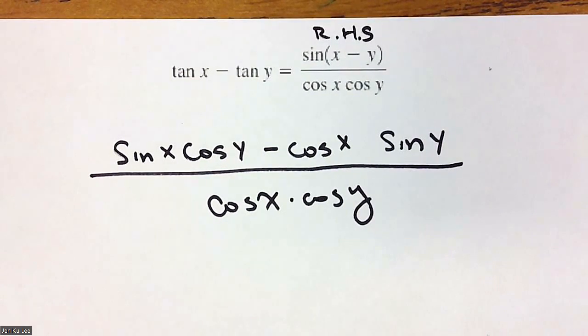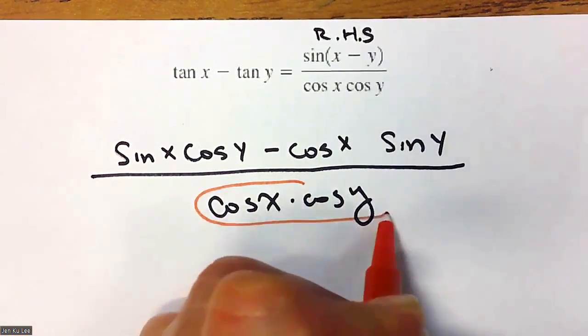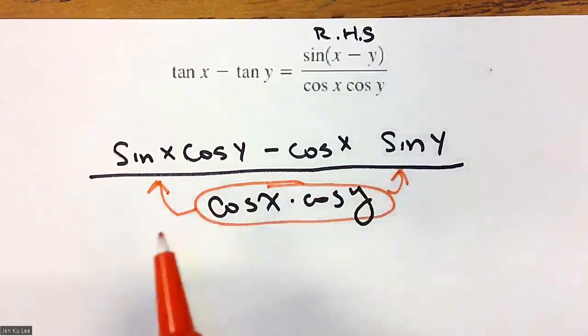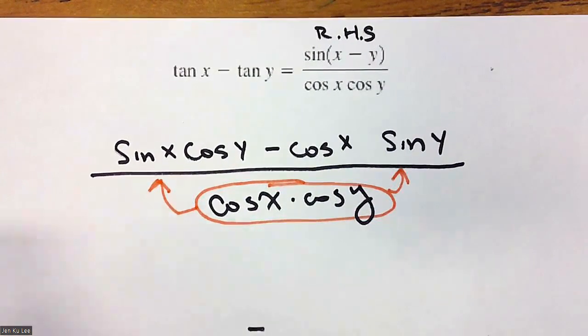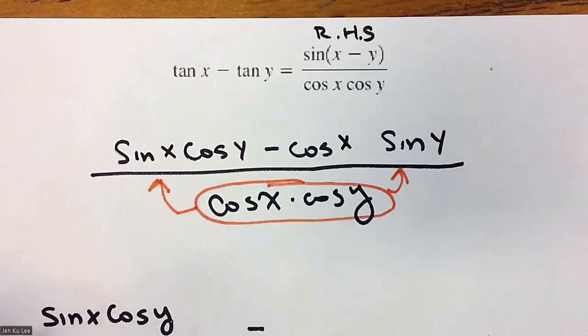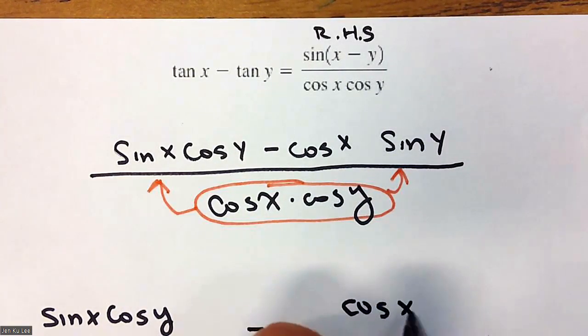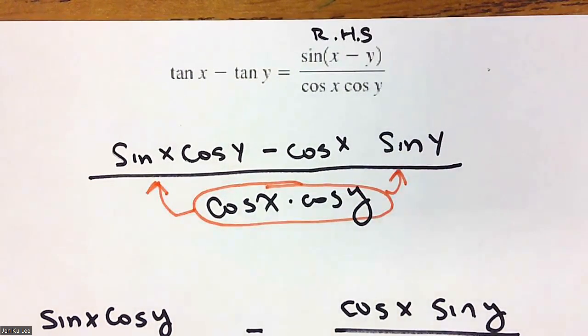Okay, I just expanded out that numerator. Now my denominator goes into both this and this. It's split up into both, so I put a minus sign in between. So I have sine of x cosine of y over cosine x times cosine y, minus cosine x sine of y over cosine x times cosine of y.